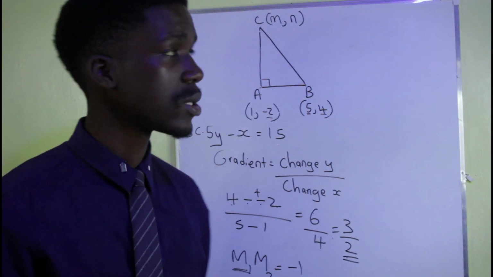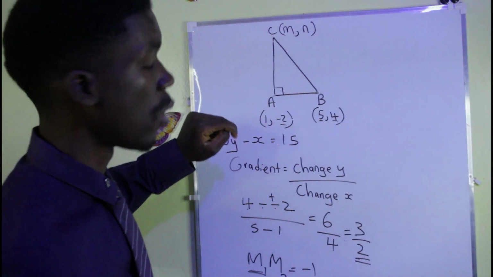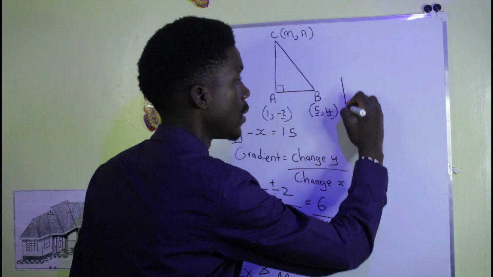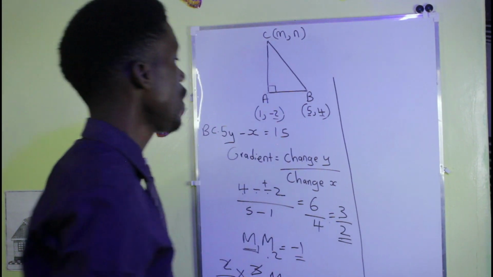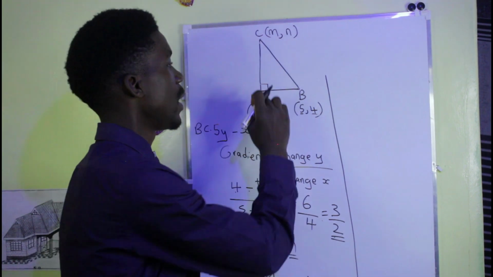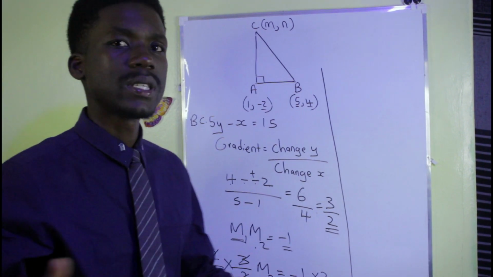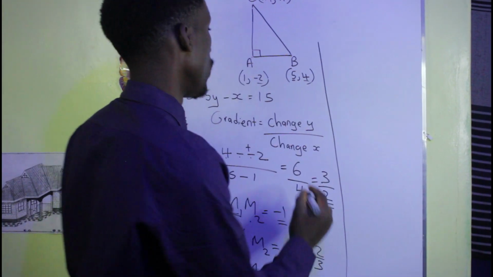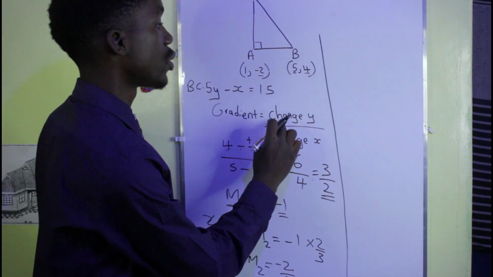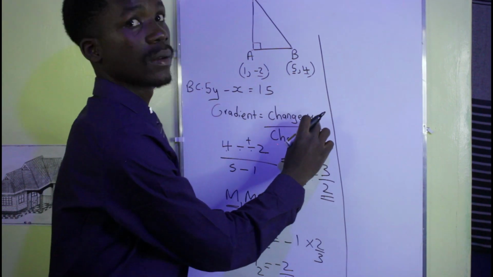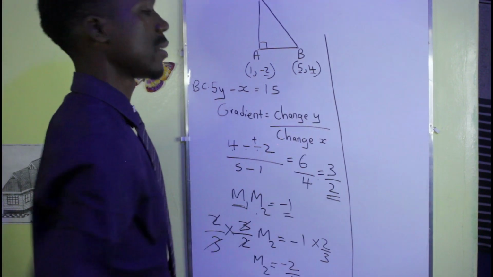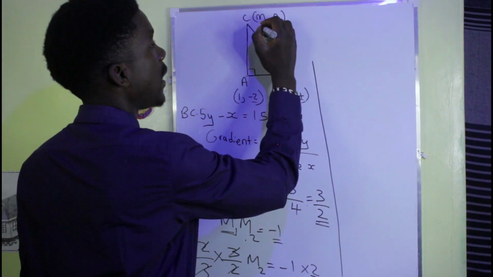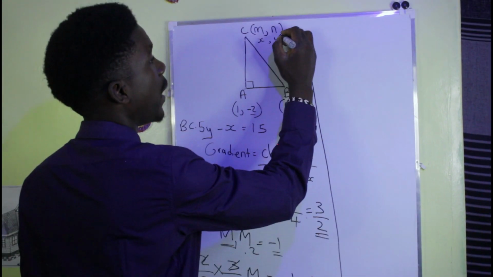Our question was the equation of line AC, so we will proceed. What is the formula for finding the gradient of a line? We already know that gradient equals change in y over change in x. Okay? So let's replace our m and n with x and y.